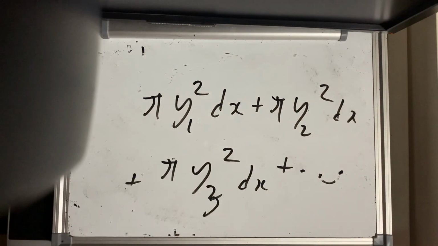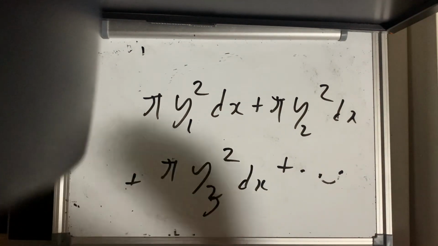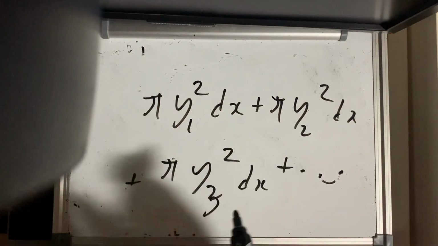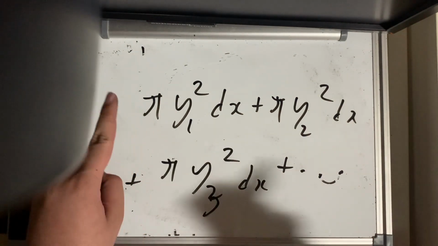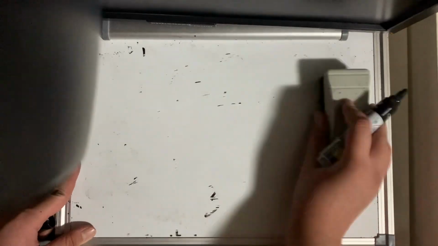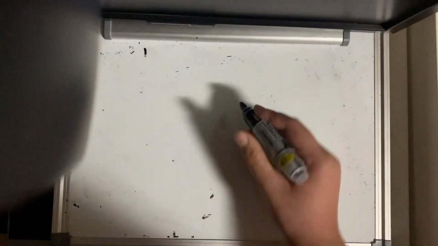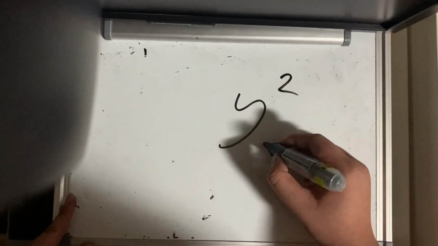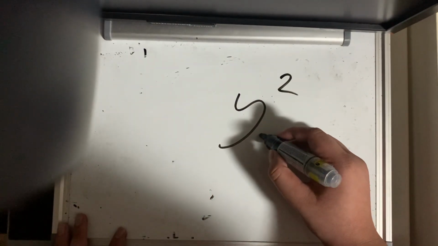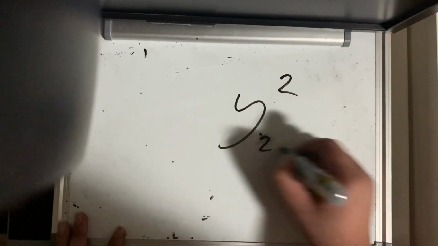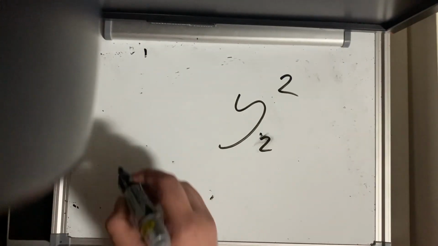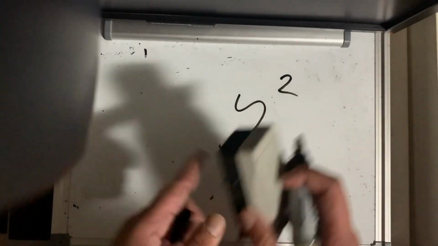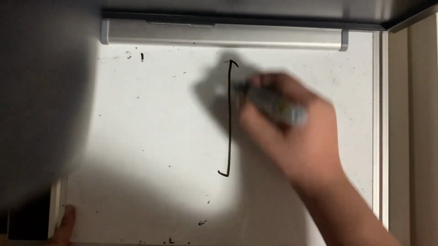Okay, so basically I need to factor out the common ones, which is going to be pi and dx. Pi and dx are common factors, and all I have left, the thing that's different, is y squared, okay? You're going to get y1, you're going to get y2, all the various y values from between the two bounds. So I'm going to be adding all of them up, infinitely adding them up.